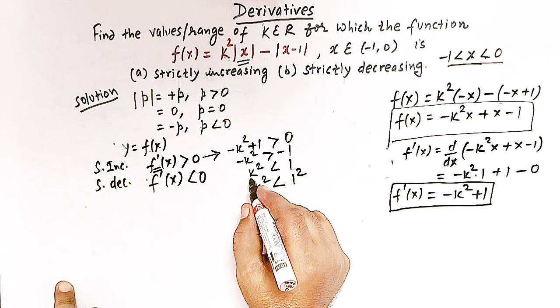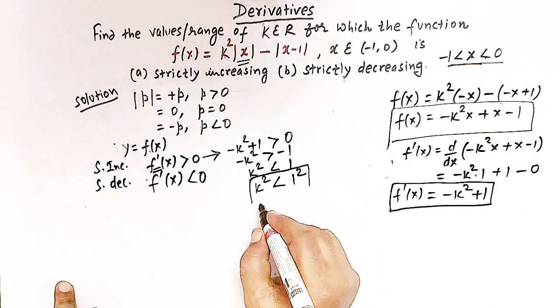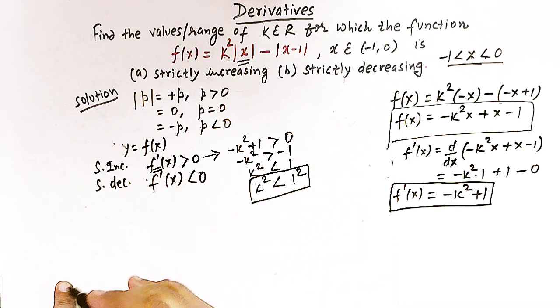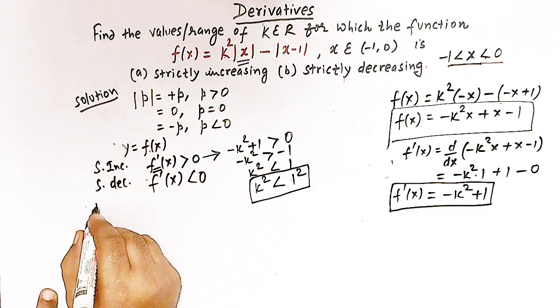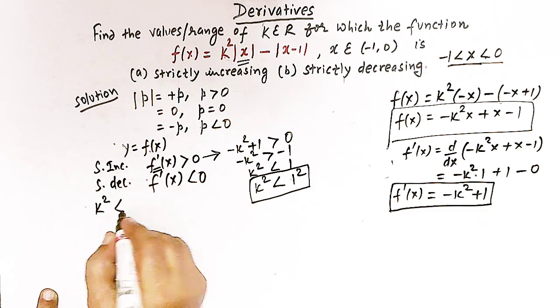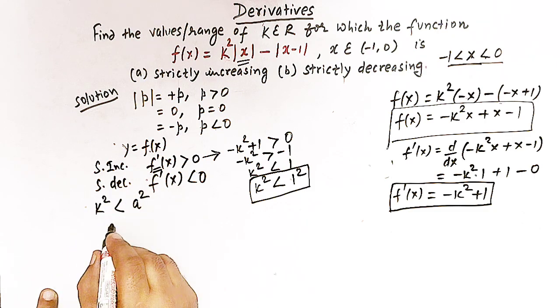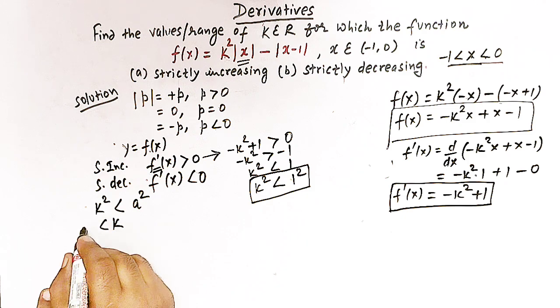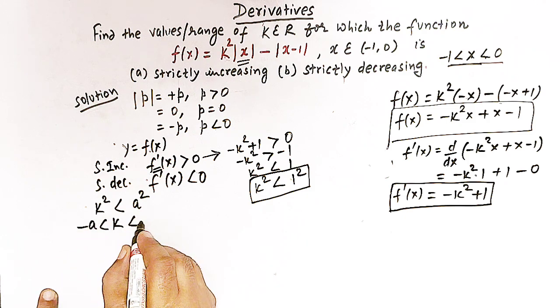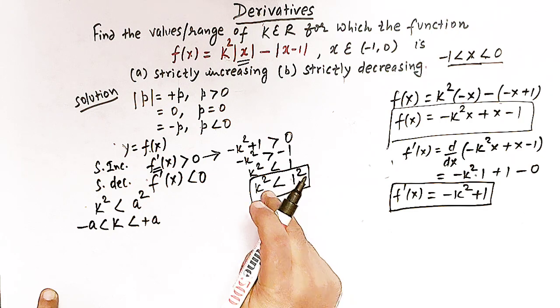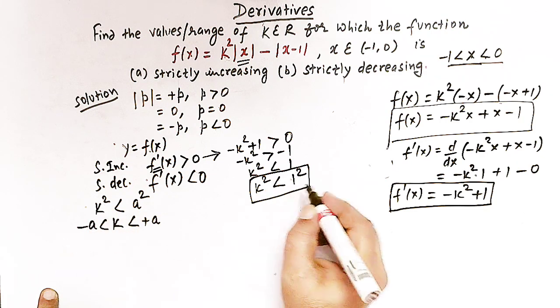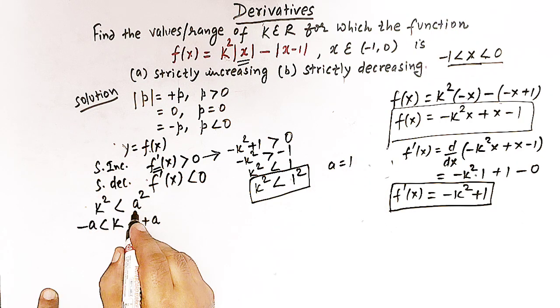Now to solve this inequality, we can make use of a standard result, and the result says that see, if we have k square less than a square, then the value of k lies between minus a and positive a. And here if we compare this inequality with this one, then the value of a is 1, right?